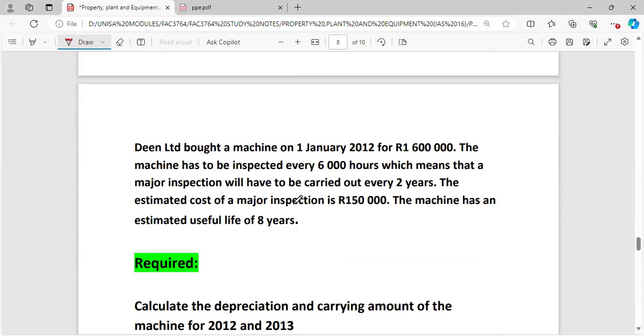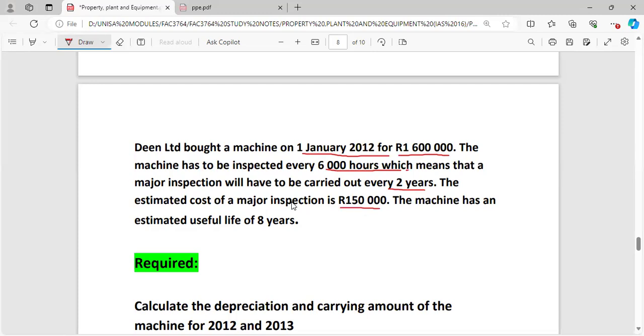They say Gene Limited bought a machine on 1 January 2012 for 1,600,000. The machine has to be inspected every 6,000 hours, which means that a major inspection will have to be carried out every 2 years. The estimated cost of a major inspection is 150,000.